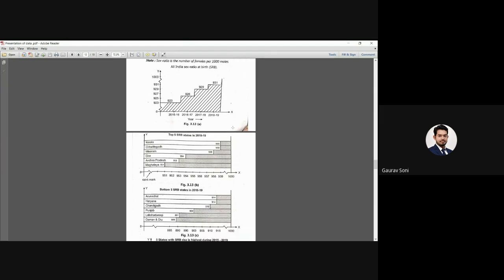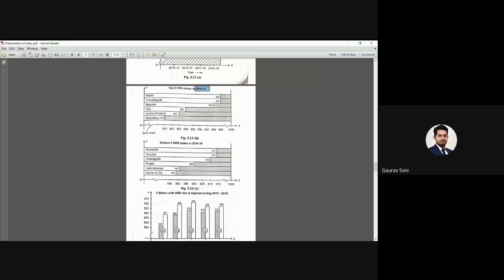The other chart represents the top 5 states in the year 2018-19. So Meghalaya 951, Andhra Pradesh 953, Goa 954, and Kerala is the highest with 959.